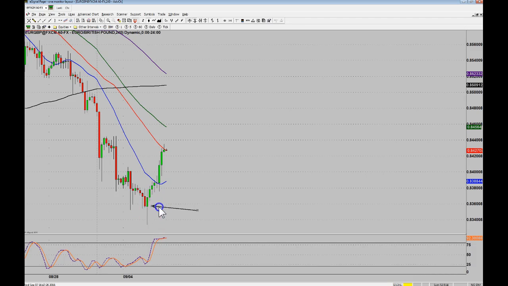And any bunch of hourly bars with a whole lot of follow-through is going to end up giving you a 4-hour reversal candle. That's how things are formed. That's how they turn green. There's all kinds of retests that happen, so you never have to chase a trade. You can always get back in on a lower time frame. Don't want to chase them. All right, but this is a quality move.